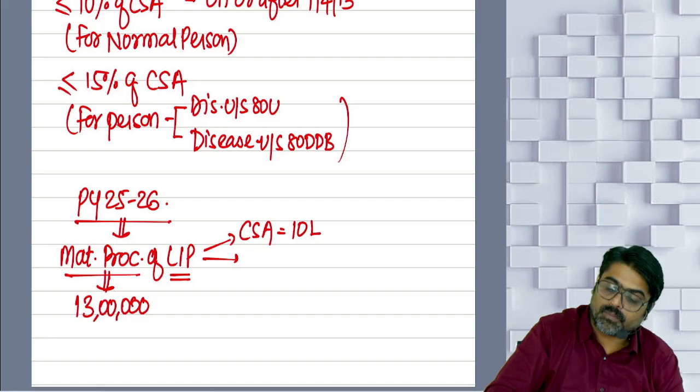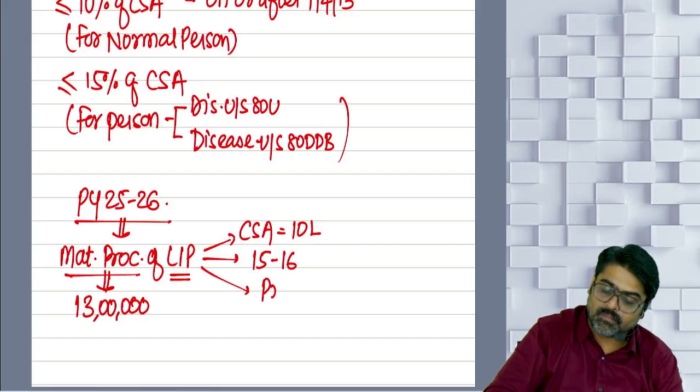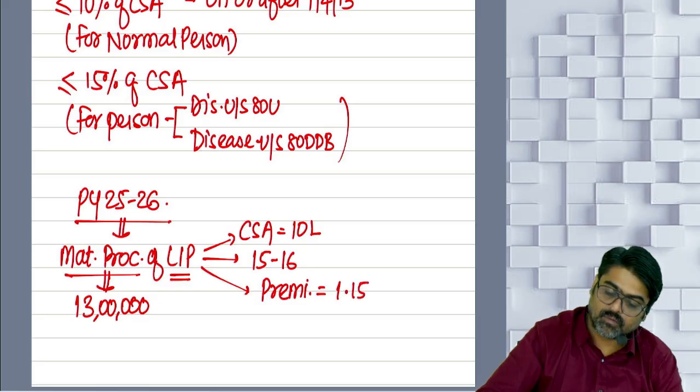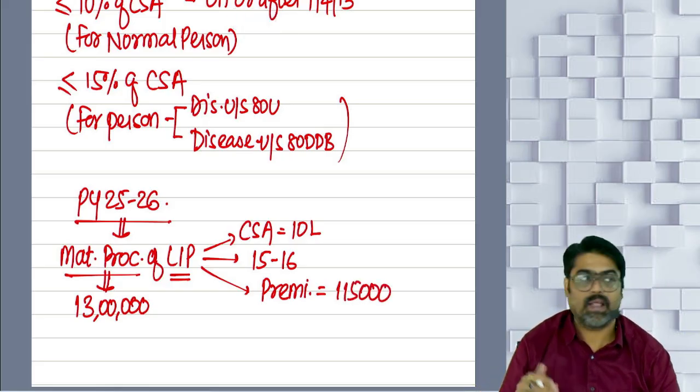This life insurance policy was taken in 2015-16, and on this policy, how much annual premium have you been paying? Example, you have been paying 1.15 lakhs, 1,15,000. So every year you are paying 1,15,000.